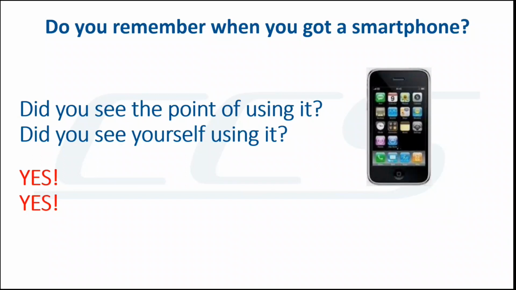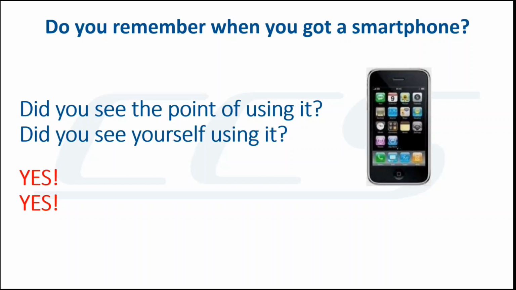Well, you could quickly see the point of using it. From personal experience, your phone before it was smart had a lot more buttons on it, a lot more things to navigate. And then if you looked at your peer who had a smartphone, they only had one button.